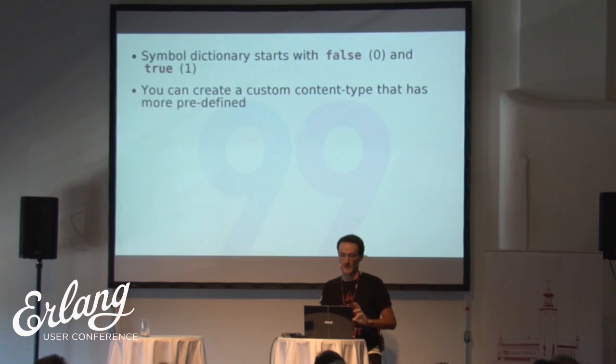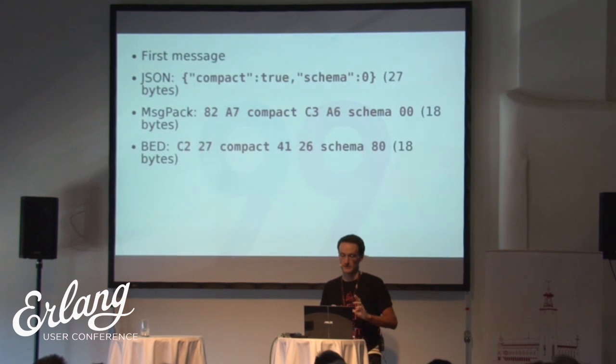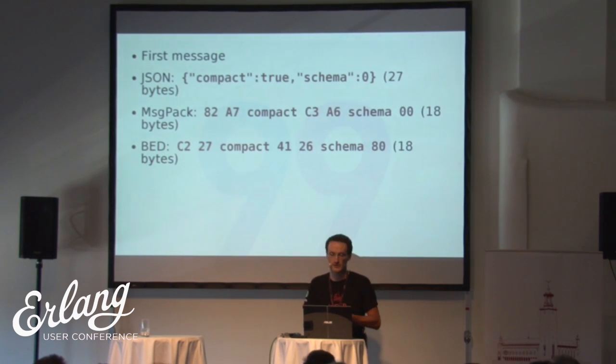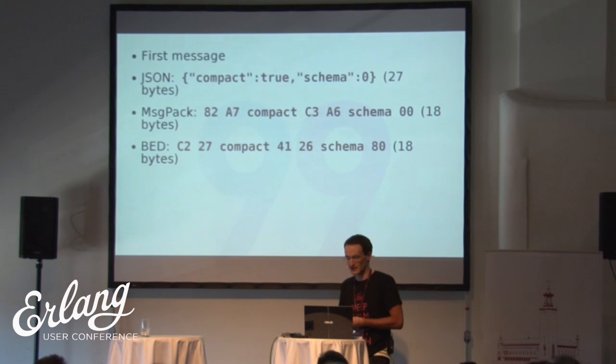But let me show you an example. So this is one message. This is actually the example that MessagePack shows to demonstrate how little the data becomes when using MessagePack as opposed to JSON. So they win exactly 9 bytes. Whoa!